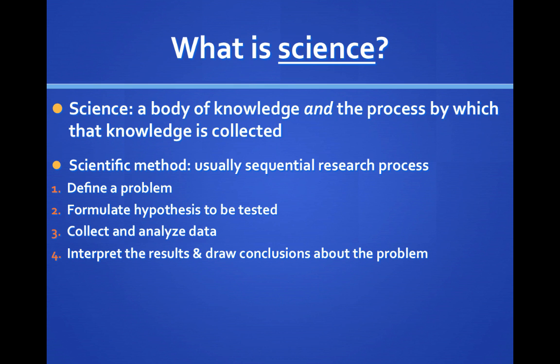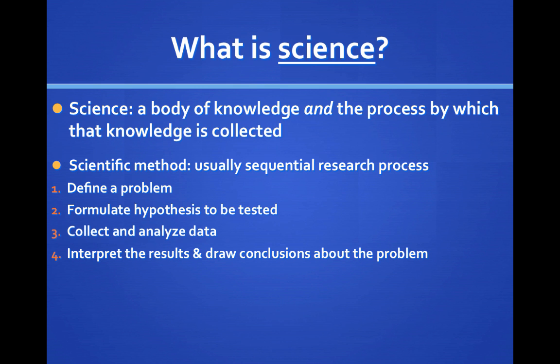So following up on the second part of science, the process by which knowledge is collected, this is what this idea of scientific inquiry is. Basically, it's the way that scientific knowledge is generated, and so it's the approach to generating scientific knowledge. In other words, scientific inquiry, which is a synonym basically for research, is the search for knowledge by using recognized methods in data collection, analysis, and interpretation.